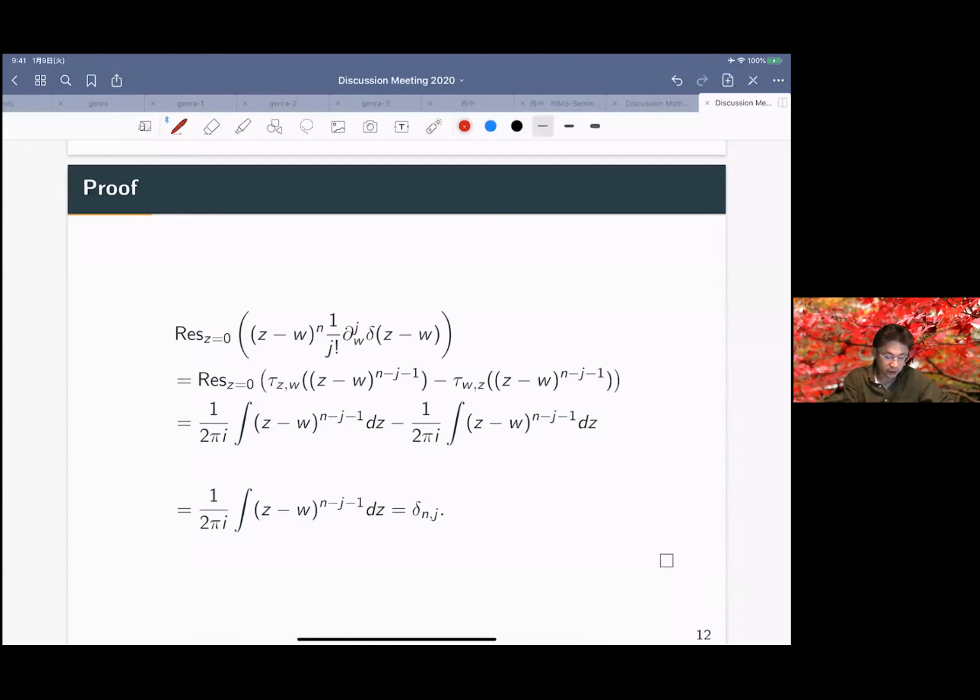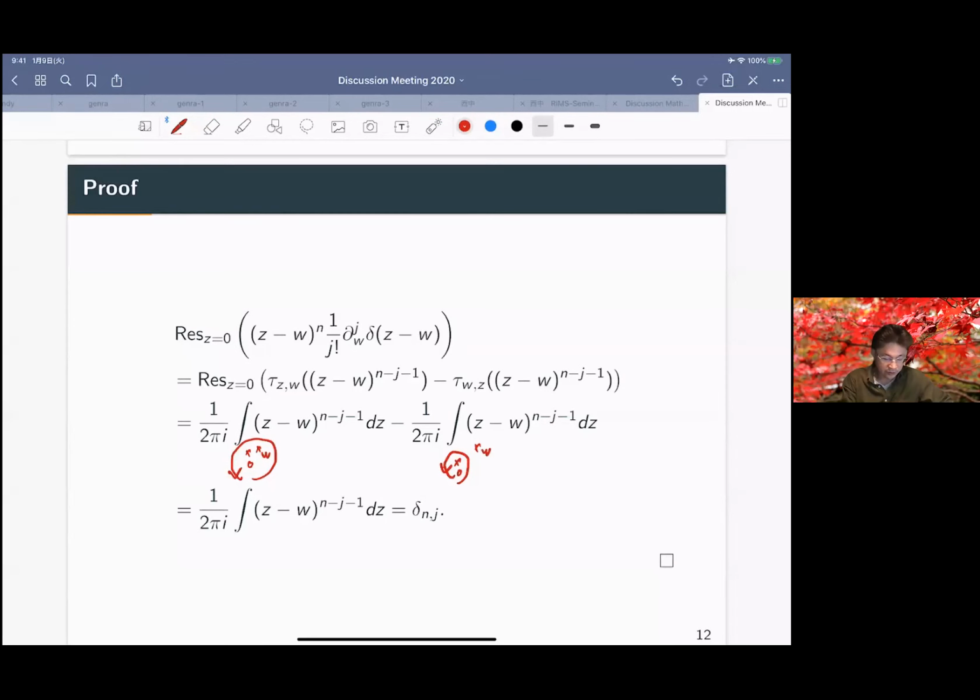When you take a contour, you have to take it so that g is bigger than w, and then a contour where w is bigger than g.